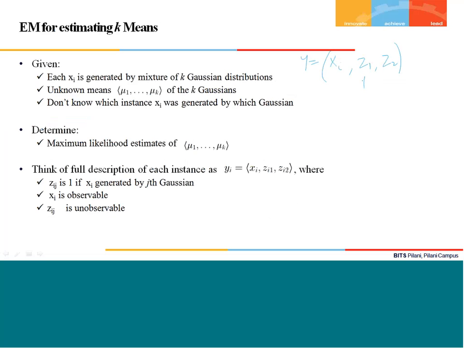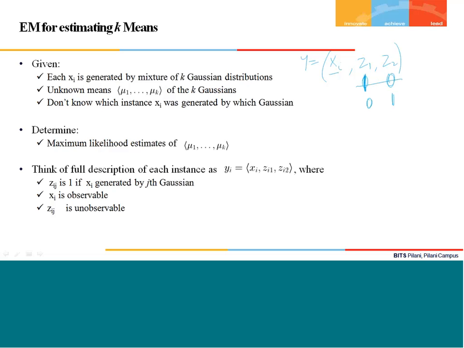And if this xi is generated from the second normal distribution, then this is 1 and this is 0. So it is one or the other. If xi is generated from z1, then this is 1 and this is 0. If xi is generated from z2, then z2 is 1 and z1 is 0.